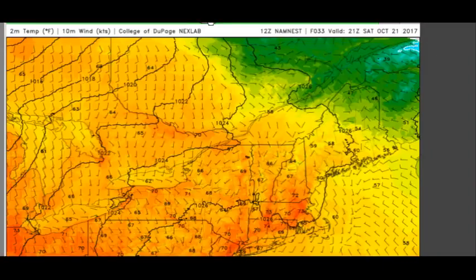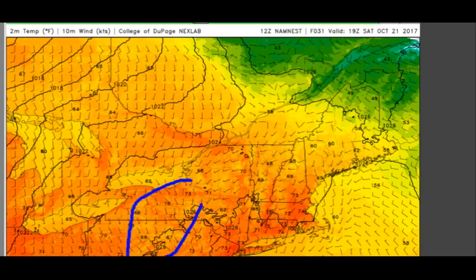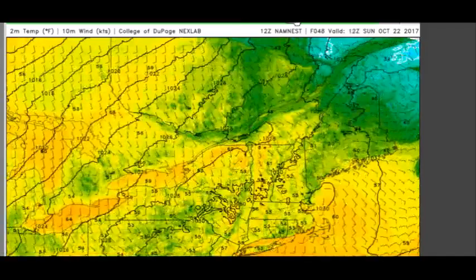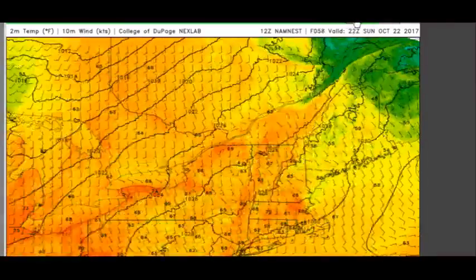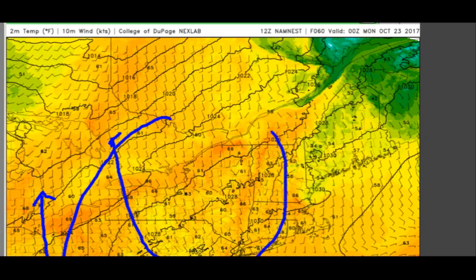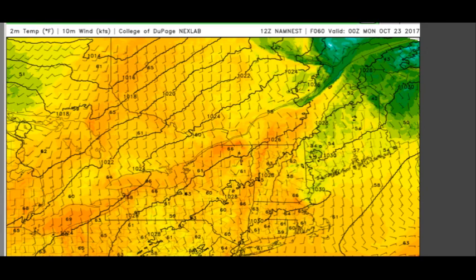Actually, it looks like it warms up to 70s. Pretty surprising there for New York. But that front will be approaching from the west, and yeah, there's that southerly flow picking up in advance. So that's not going to reach the northeast U.S. probably until about Monday or Tuesday.